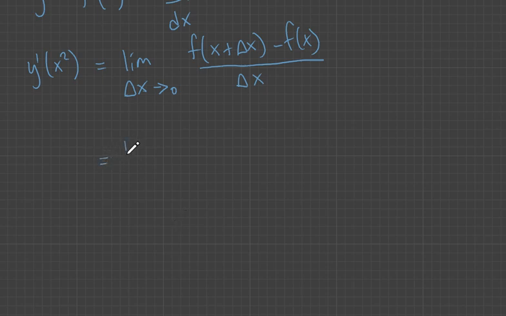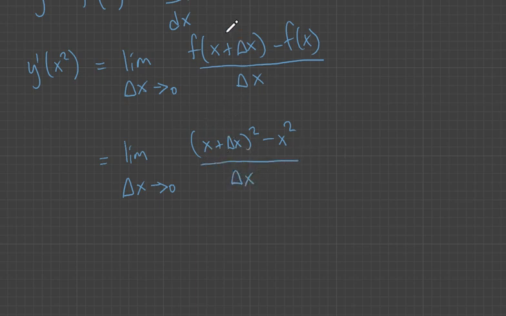So that's equal to the limit as delta x goes to 0 of, in parentheses, x plus delta x squared minus x squared over delta x.